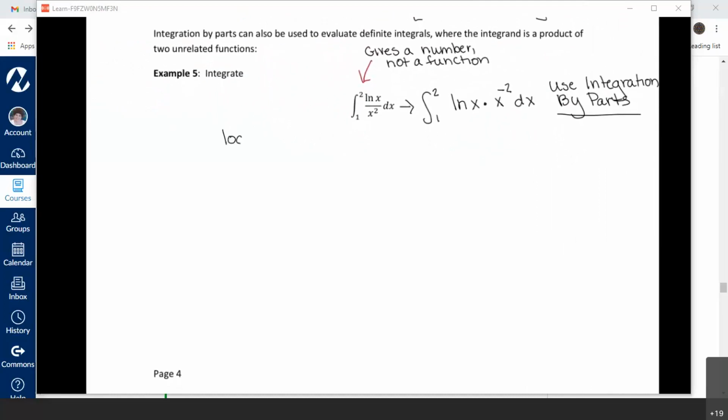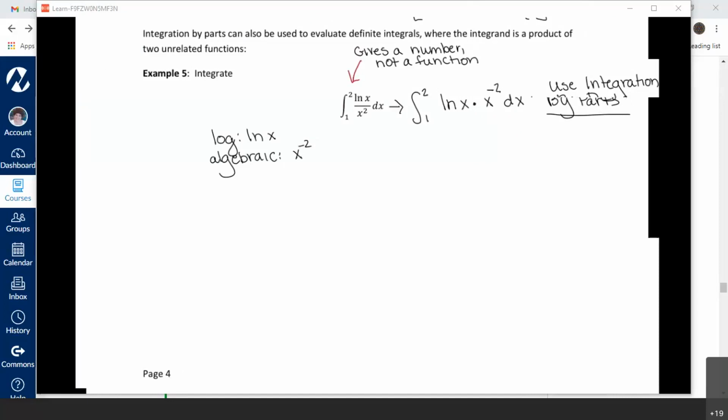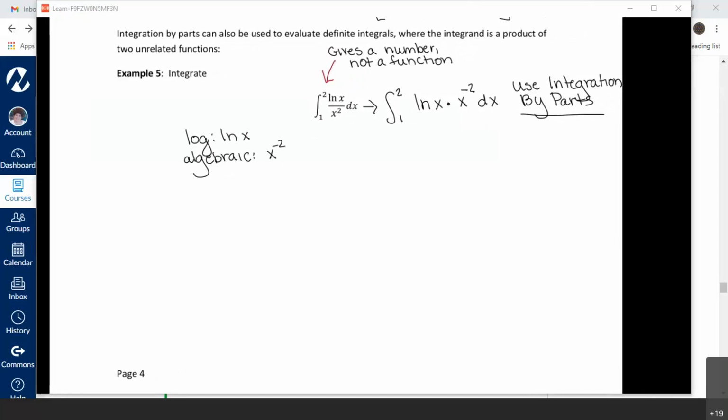I have a log function, which is ln x, and an algebraic function, x to the minus 2. I know it's not technically a polynomial, but it would be a polynomial in a denominator. So, algebraic. According to my rule of thumb, ln of x will be u, and this will be dv.